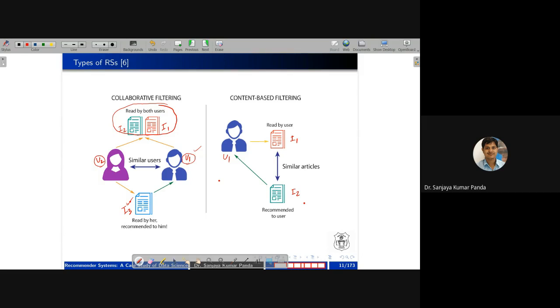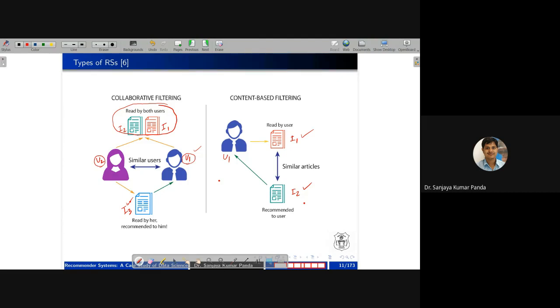In the previous case, what you have seen, you have considered similar users. But what we did here, we have looked into the discrete characteristics of item I1. By looking into the discrete characteristics, we have concluded that item I1 and item I2 are similar.